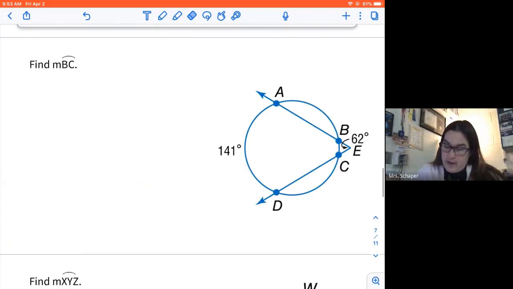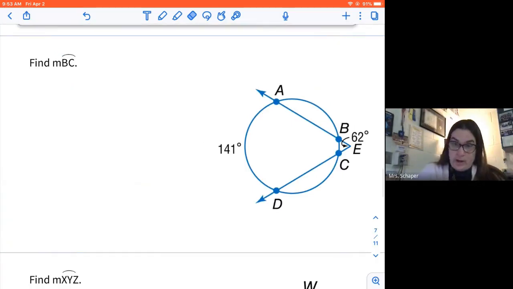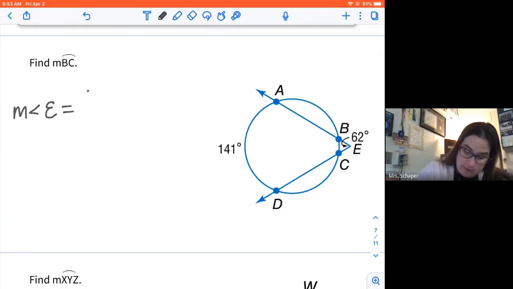So if we want to find BC, the measurement of angle E is equal to 1/2 the difference of arc AD minus arc BC.